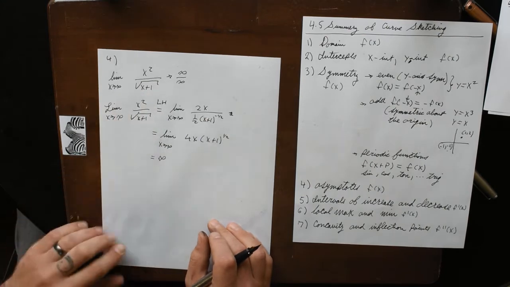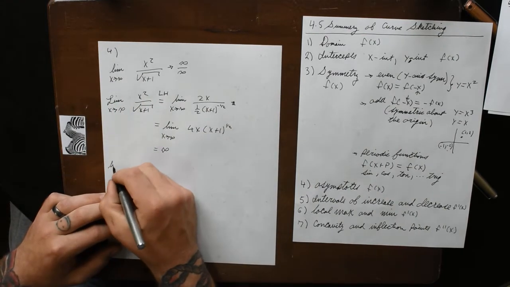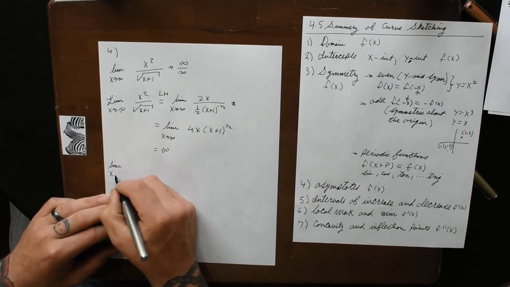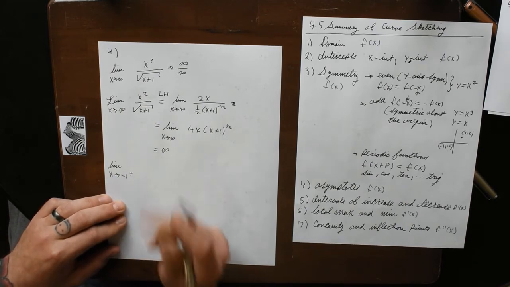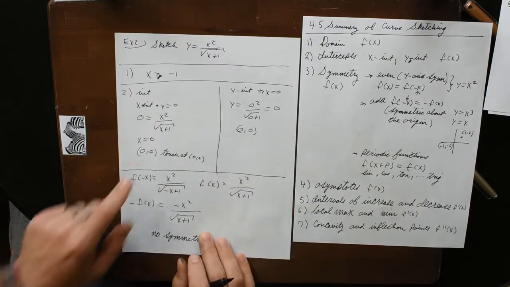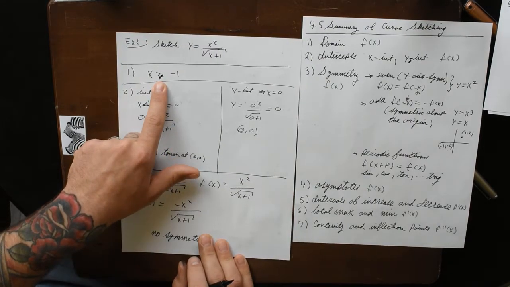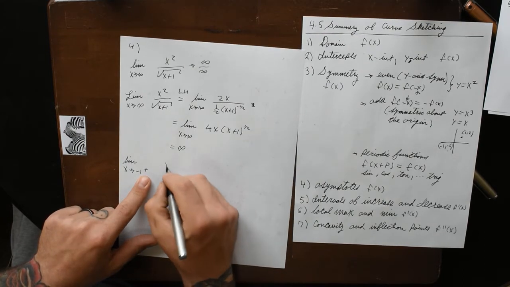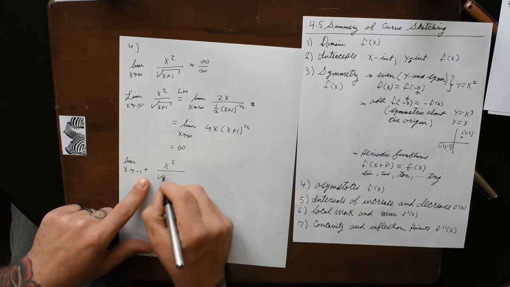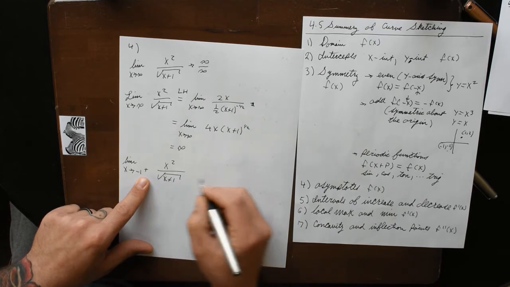But let's check what happens as we let x tend towards negative 1 from the right. Note that we can't approach negative 1 from the left because it's out of our domain. As we approach negative 1 from the right, we get x squared divided by the square root of x plus 1.